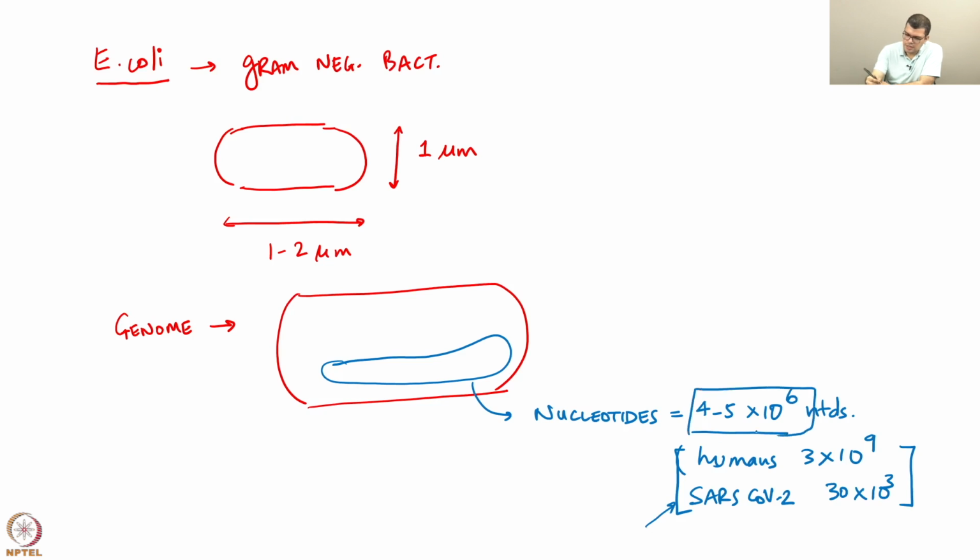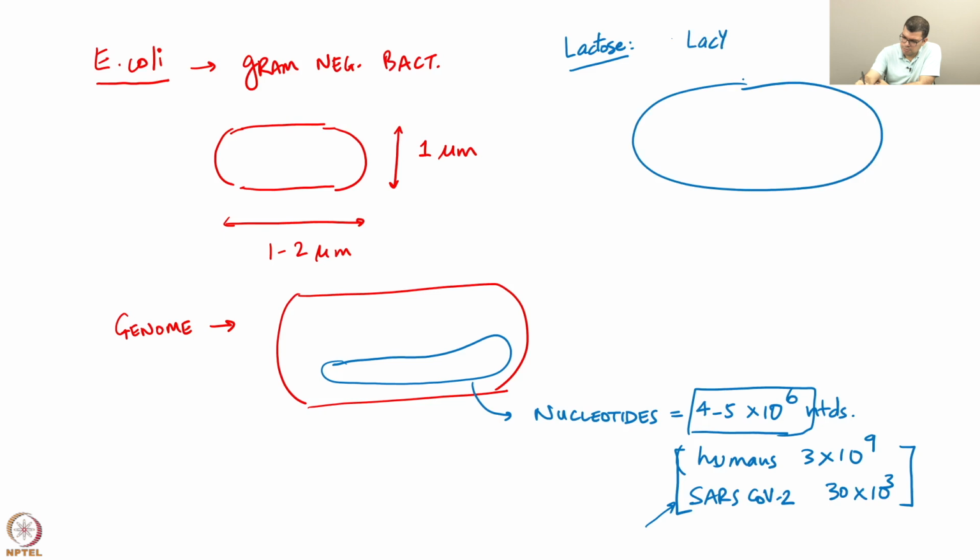So, last time we saw that when it came to lactose utilization, there is a transporter protein which is called LAC-Y. This is the transporter which brings lactose from outside the cell to inside the cell.